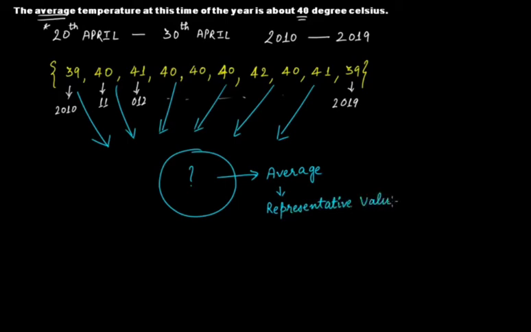Why representative value? Because that particular value will represent this set of data, that is for these values, or central tendency.